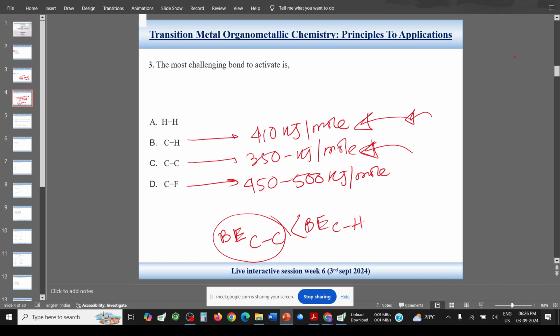Why? Can you answer this? According to bond energy, yes, you are correct. The most challenging bond to activate is the CF bond.